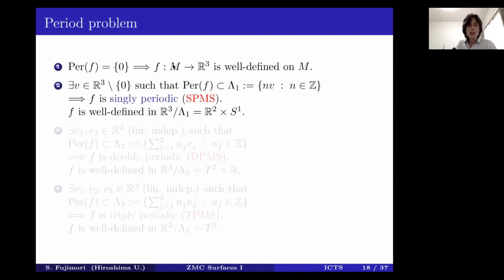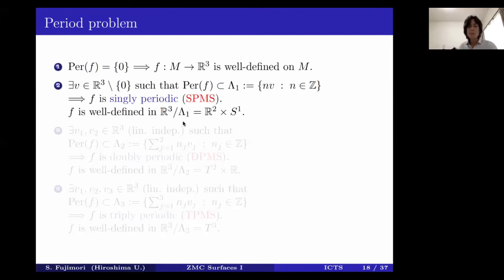And if there exists a vector in R3 such that the period of F is contained in this one-dimensional lattice, then F is singly periodic. Sometimes we say single periodic minimal surface, SPMS. I mean, F is not single valued in R3, but F is single valued in this quotient space.